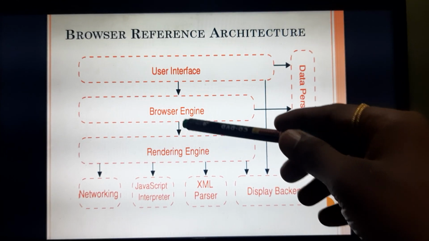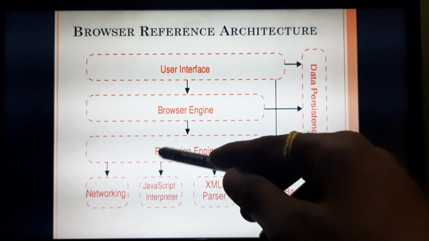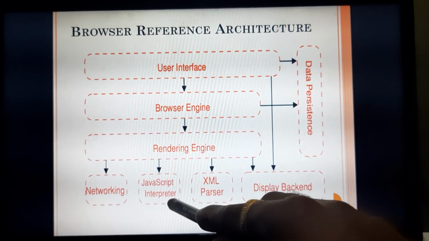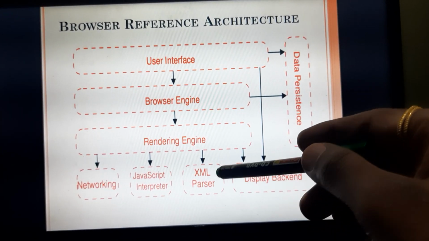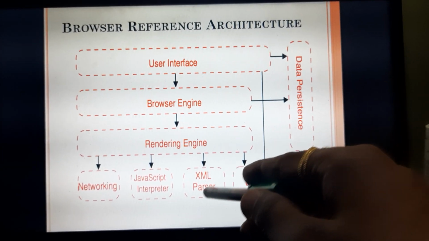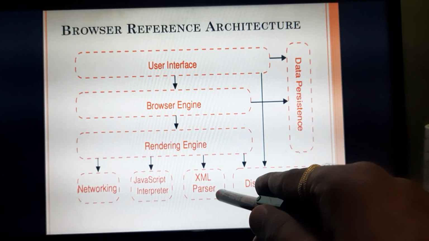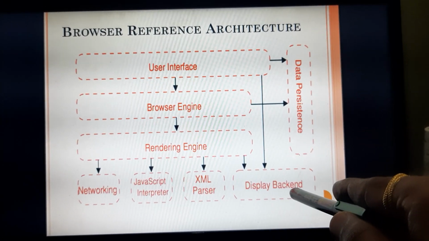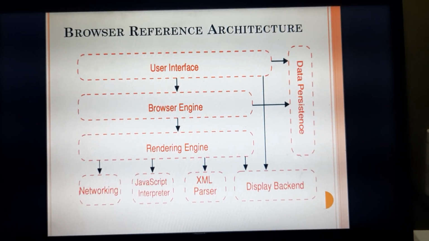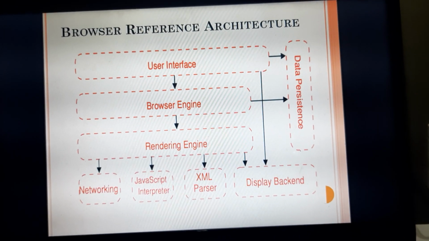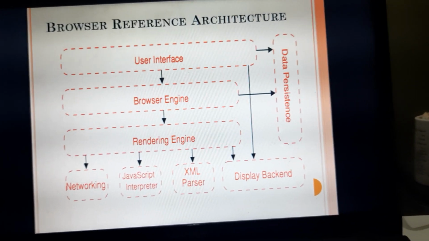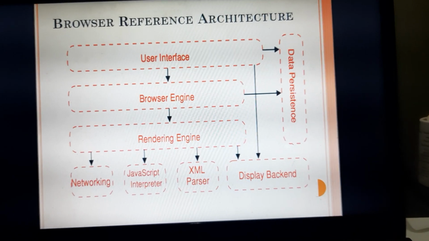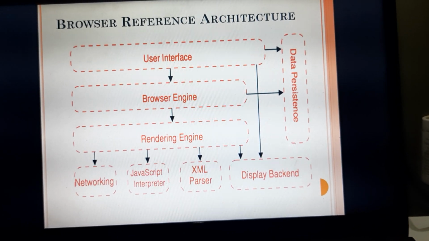Then there is the rendering engine, the network, and the JavaScript interpreter. If you are using XML files, an XML parser will be there, and display backends. So this is the browser reference architecture, the standard architecture used for browser reference purposes.